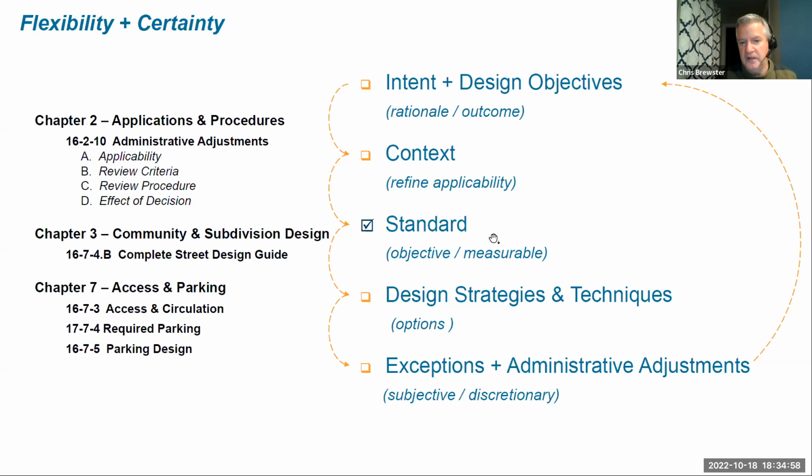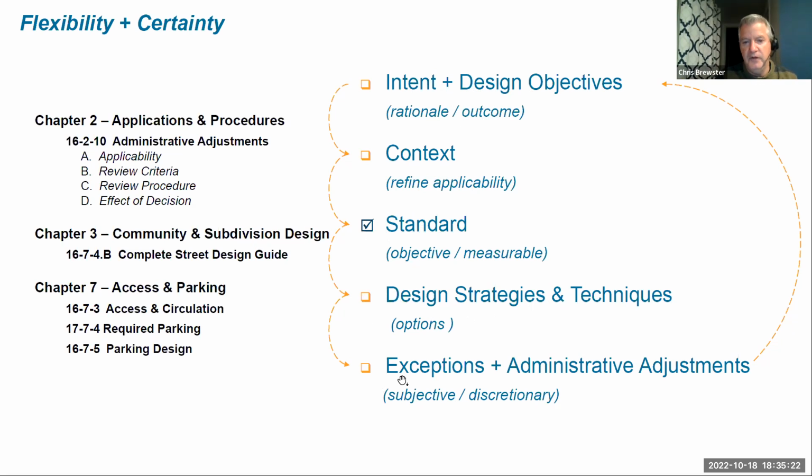We start at the standard because that's objective and measurable. Each of these sections has intent and design objectives. What are we trying to achieve? What's our outcome? They may have context applicability. So that A, B, C, and D of the frontages, you could look and decide which one to apply. And then to the extent you're still not meeting the standard, there's design strategies following each of these that gives you options.